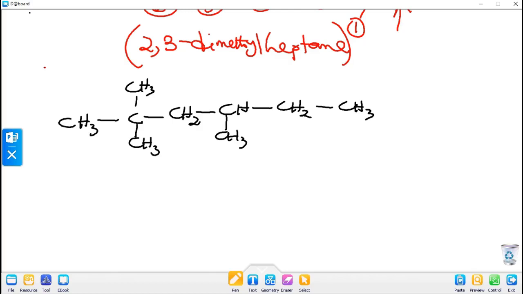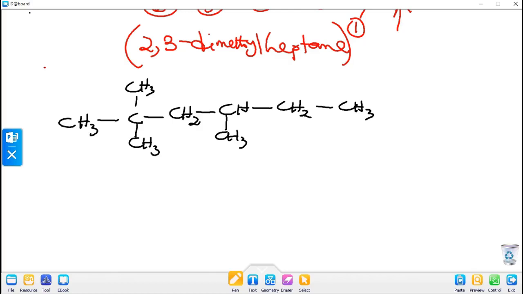But if we look at it critically, we will observe that the longest chain, as you can see here, seems to be 6 carbon chains. 6 carbon chains seem to be the longest.